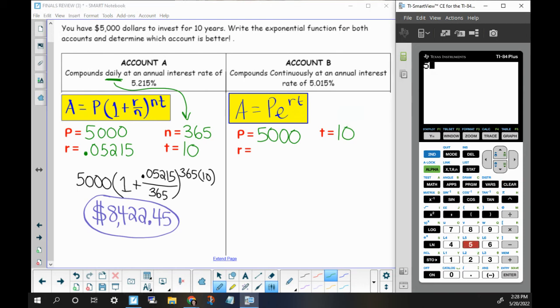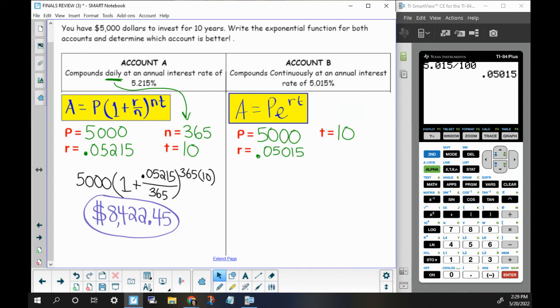So we got 5.015 divided by 100. Still doing the same thing. We got 0.05015. Now, that's just like a growth or decay. That's all you need, the 3 variables right there. Now, we're going to have to be able to find this E.